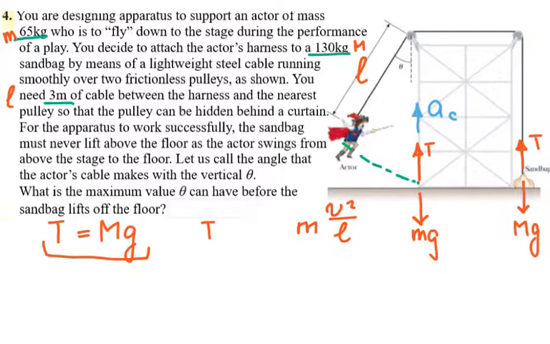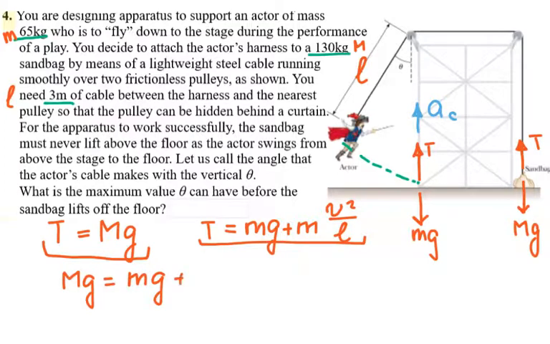So I have mg plus mv squared over L. Now if I set these two equal to each other, I have mg is equal to mg plus mv squared over L.